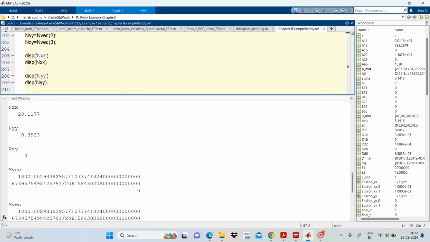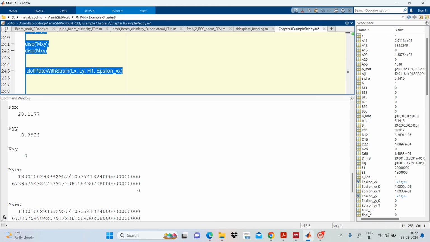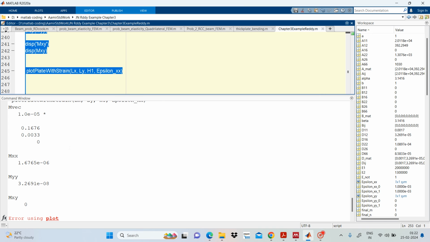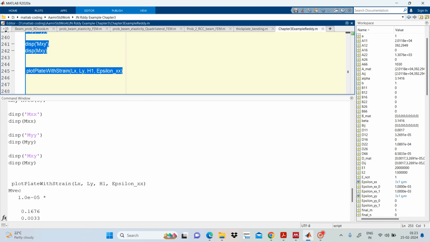But for bending moment, when calculating the M vector, I think we have to take it with shift, and now it will give us the correct value. Yes, now it is giving us the Mxx, Myy, and Mxy values. So we have got the results.